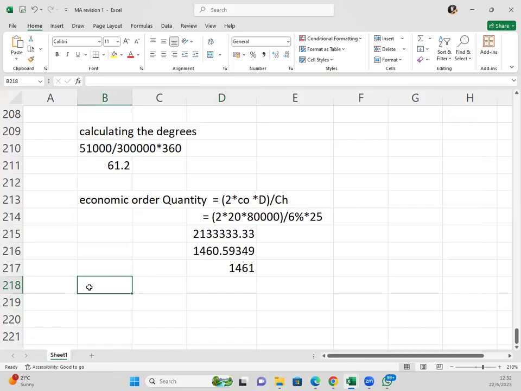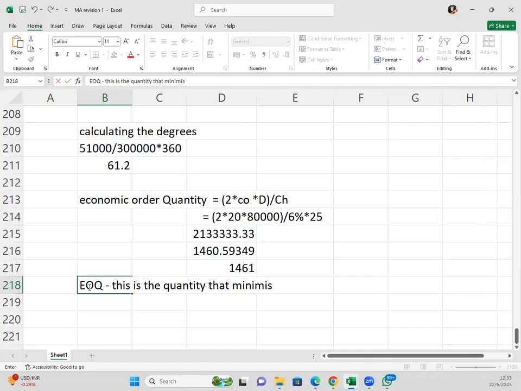So what is the economic order quantity? We are saying how many units we should buy in order to minimize costs. This is the quantity that minimizes ordering and holding costs.